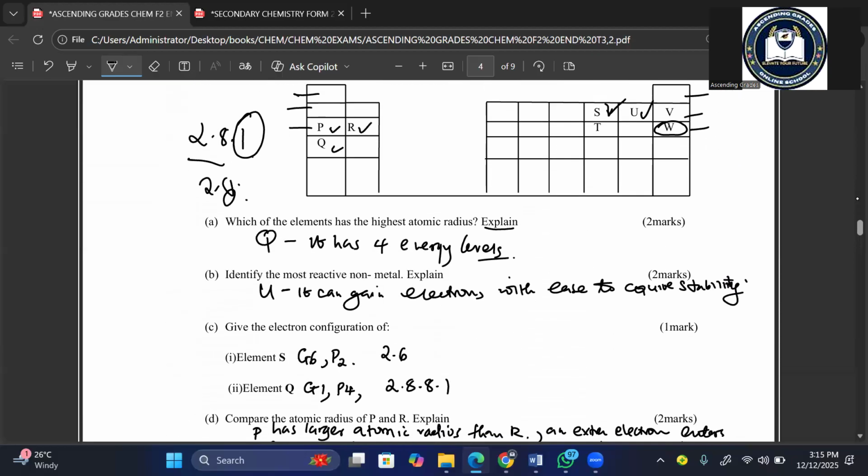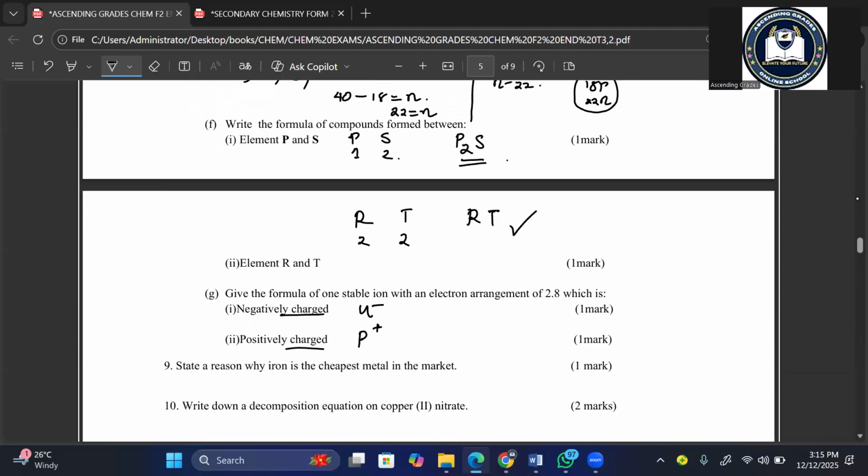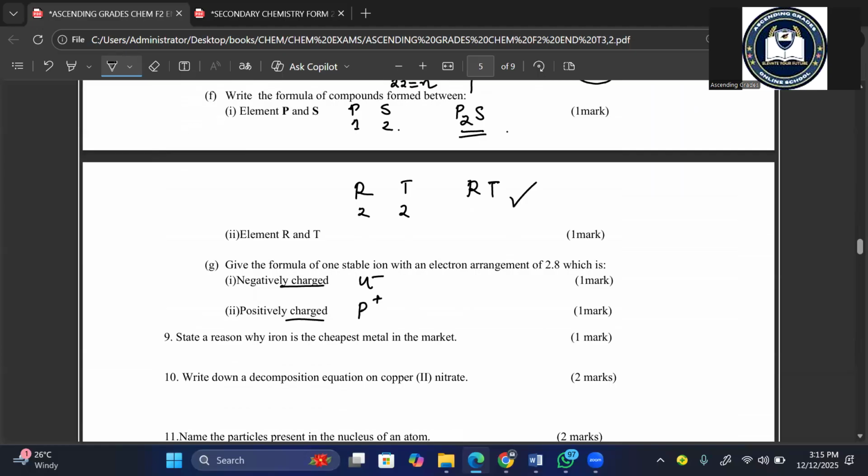We can also go for R, where it will lose 2 electrons and acquire 2.8. And then its symbol will be R2 positive because it will have lost 2 electrons.